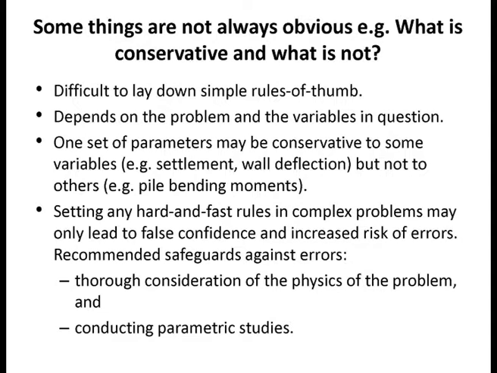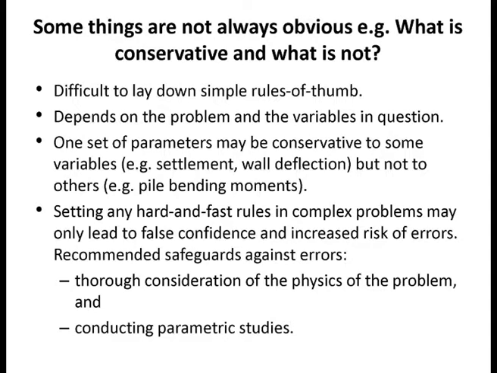So the first thing is it's very difficult to lay down simple rules of thumb. A lot depends on the problem and the variables in question. And that's why the engineer has to use an engineering mind's perspective to look at the problem and ask, how is this thing likely to behave, before they even come out with the final answer.